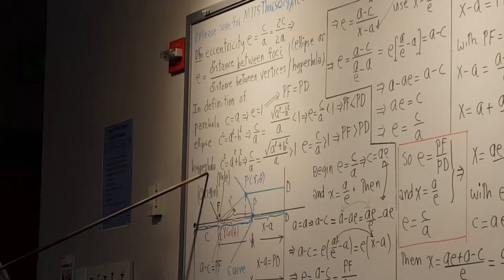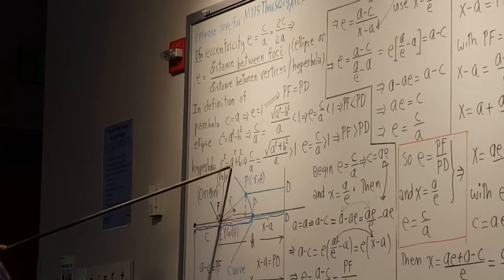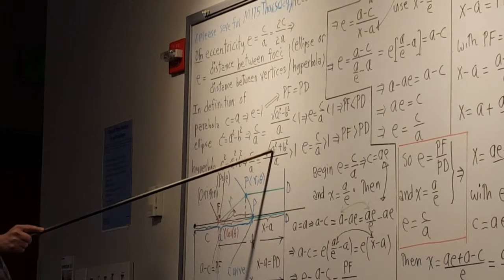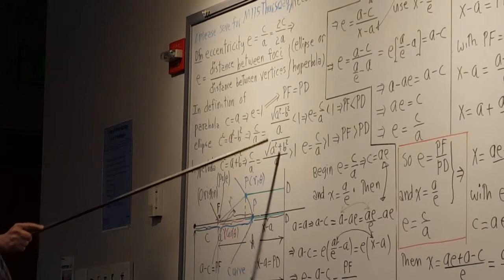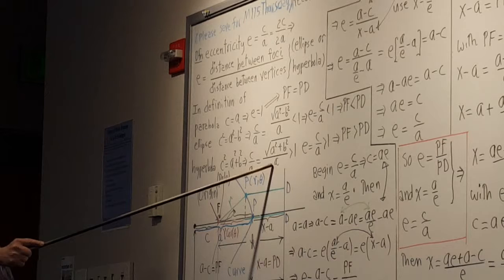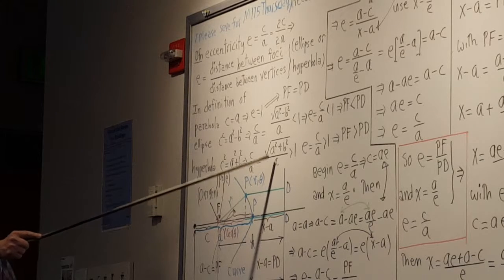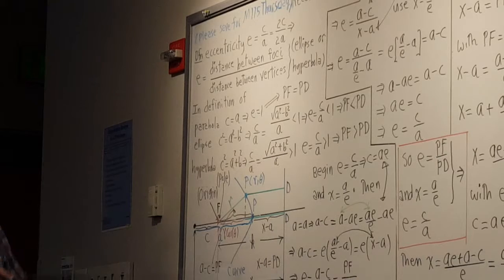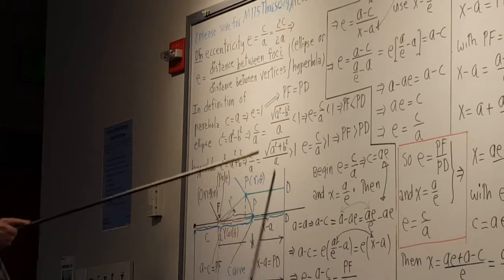And for the hyperbola, c squared is a squared plus b squared. So reasoning in the same way as I was here, thinking of this as the square root of a squared, this is the square root of a squared plus something. So that's more.